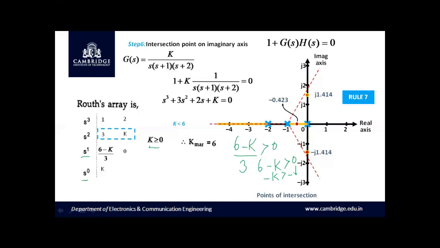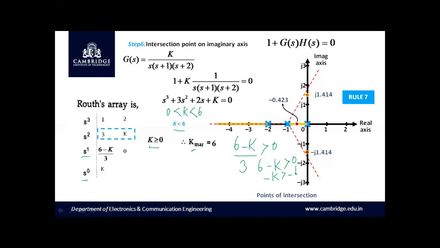Hence, K less than 6. And K ranges as 0 less than K less than 6, which means that the system is stable for K ranging from 0 to 6.